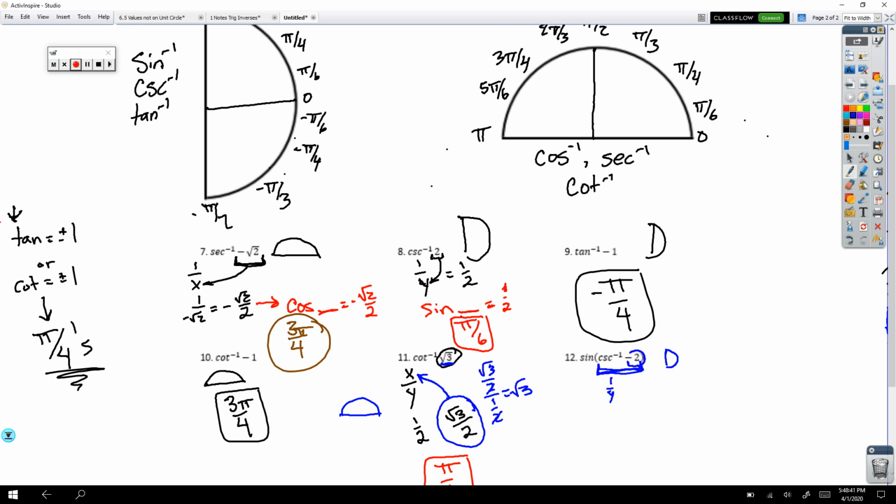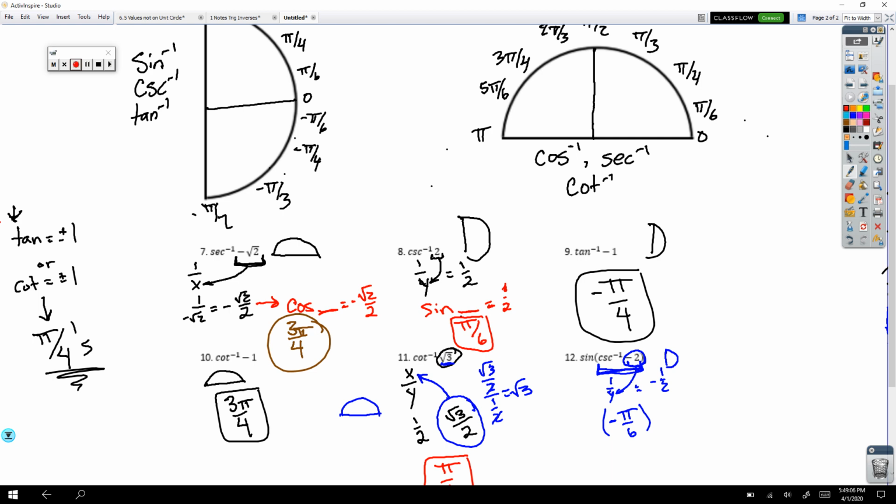Let's take this and plug it in. That gives me negative 1/2. So sine of what angle gives me negative 1/2? That would be a pi over 6 again. And it's negative, so that's going to be in quadrant 4. So I have negative pi over 6 on the inside.